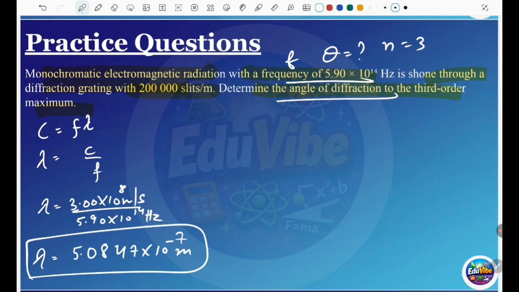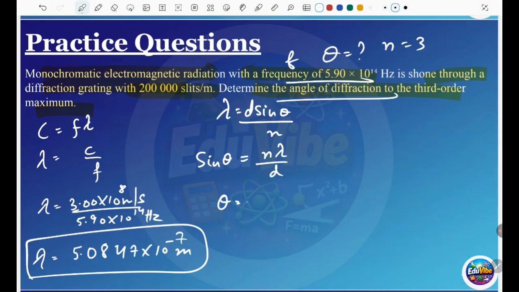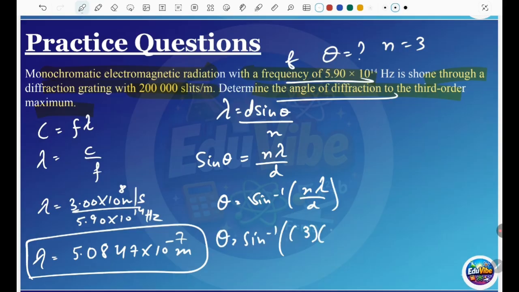This is your wavelength, and you have to find the theta. So you again have this formula, and sine theta is equal to this. Theta is equal to sine inverse of n wavelength upon d. So put the things down, and n is 3, wavelength you get 5.084 times 10 raised to power minus 7 meters.